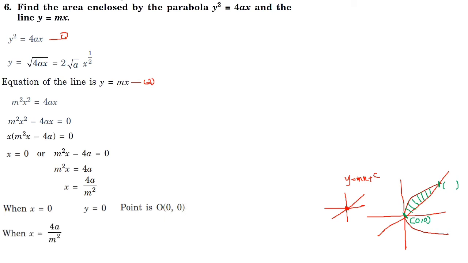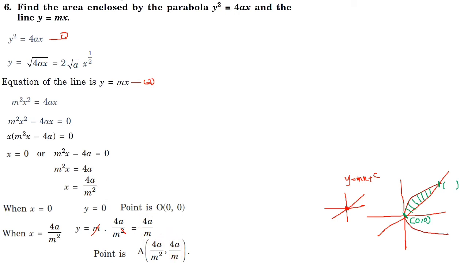Next, when x is equal to 4a by m square, y is equal to m into x, m into 4a by m square. Then here numerator m, denominator m square, we can cancel. So just this m and this m is gone. Then the balance will be 4a divided by m. So the point of intersection we have got is 4a by m square, that is the x value, and the corresponding y value is 4a by m.